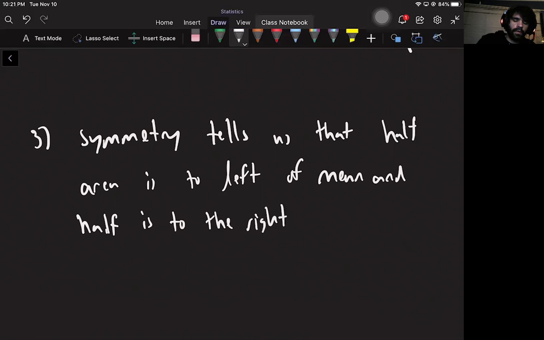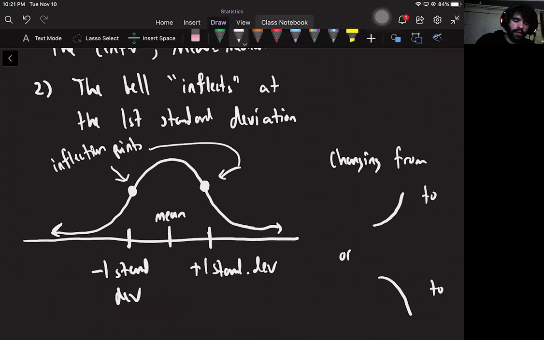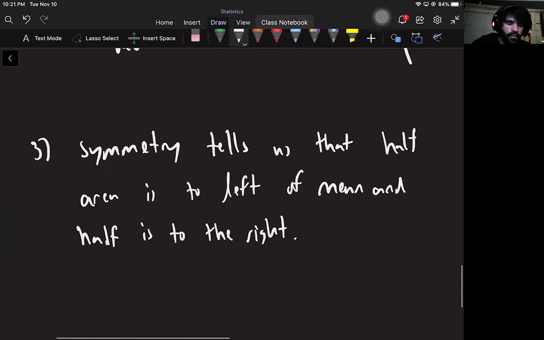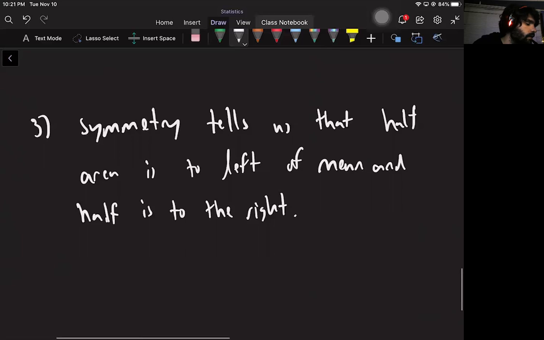So hopefully that makes sense if you just look at the picture. Half the area is on this side and half the area is on the other side. Okay, so hopefully that's not too crazy. So then when we think in terms of probability, we'll be saying things like there's a 50% chance that the random variable is above the mean or below the mean. And that'll come into play later.